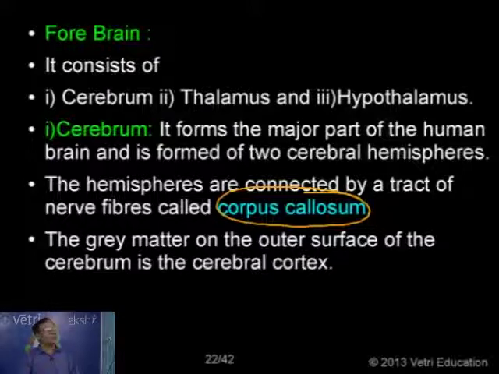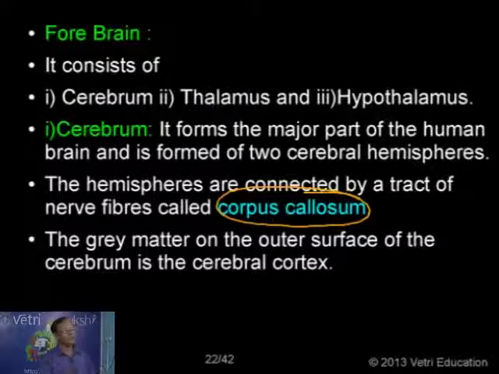Then, if you take the brain, you have an outer part as well as an inner part. The outer part is called the cerebral cortex. The inner part is called the cerebral medulla. The outer cerebral cortex is normally formed of a grey colored material, mainly non-medullated neurons, called gray matter.